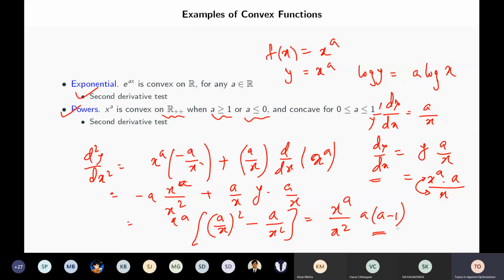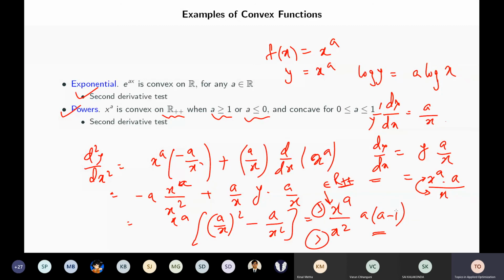Now for the second derivative to be positive, I'm already given that x is in R plus plus. So x is a positive number, and a positive number to any power is positive. This is positive, and x squared is positive because x cannot be 0. So this is strictly positive.